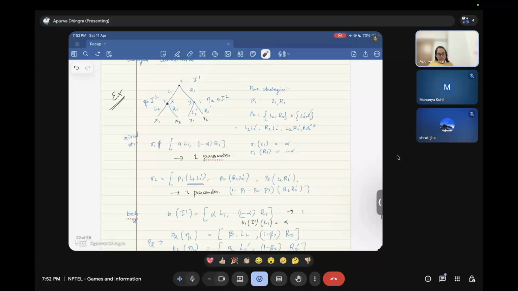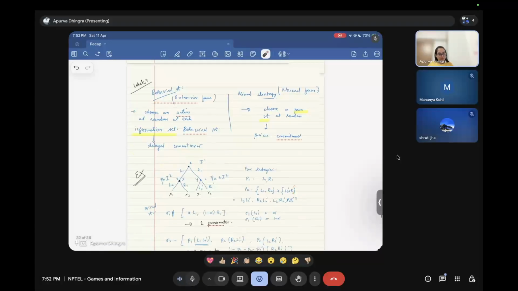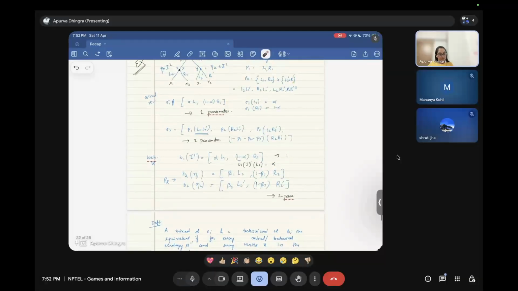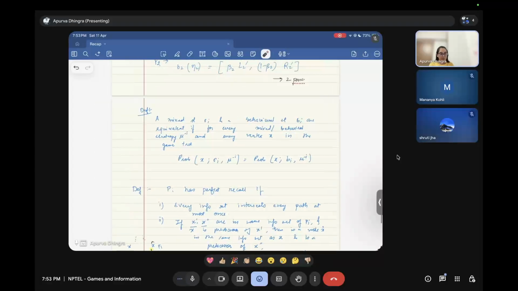So remember, we can't directly have a relation between mixed and behavioral strategies. The reason being that the number of parameters doesn't match. One can't be a subset of the other if we can't even say that in terms of parameters. But we can still have an equivalence, and that equivalence is in terms of probabilities.